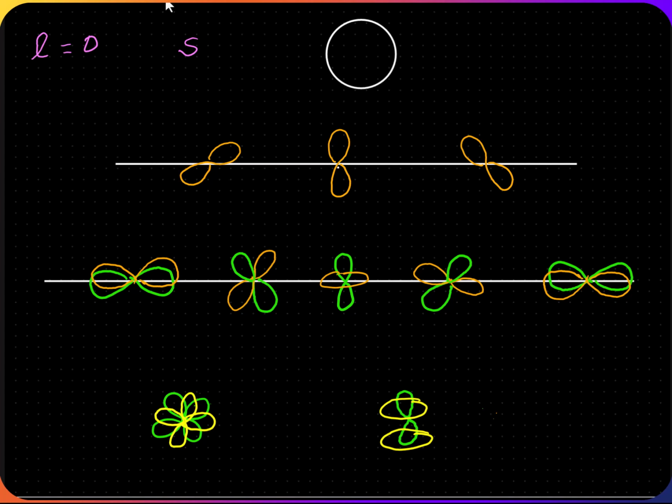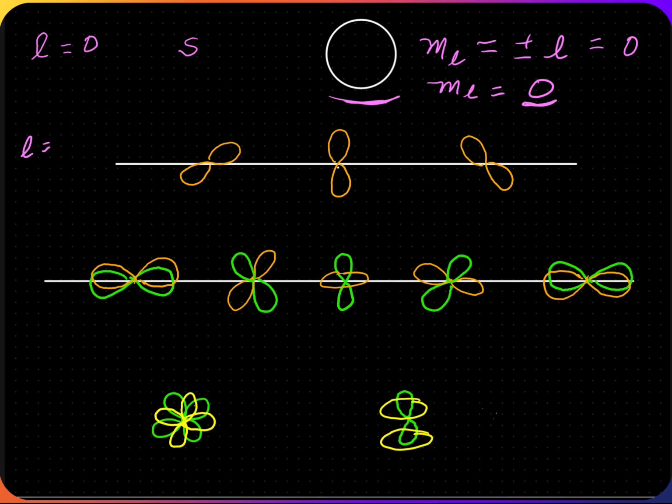So when I calculate my value for my orientation in space, or magnetic quantum number, ML is going to equal plus or minus L. When L equals 0, this is going to equal 0. So ML only has one value, which is 0. Since there is one value, there is only one orientation in space.